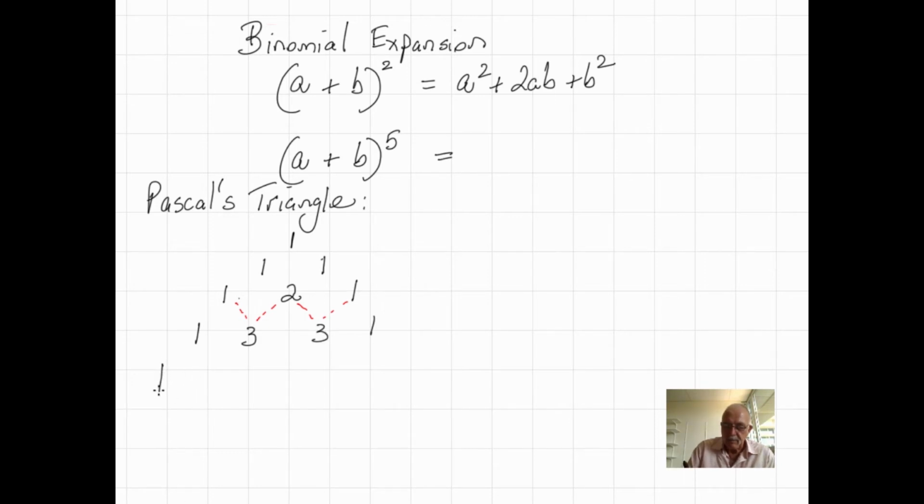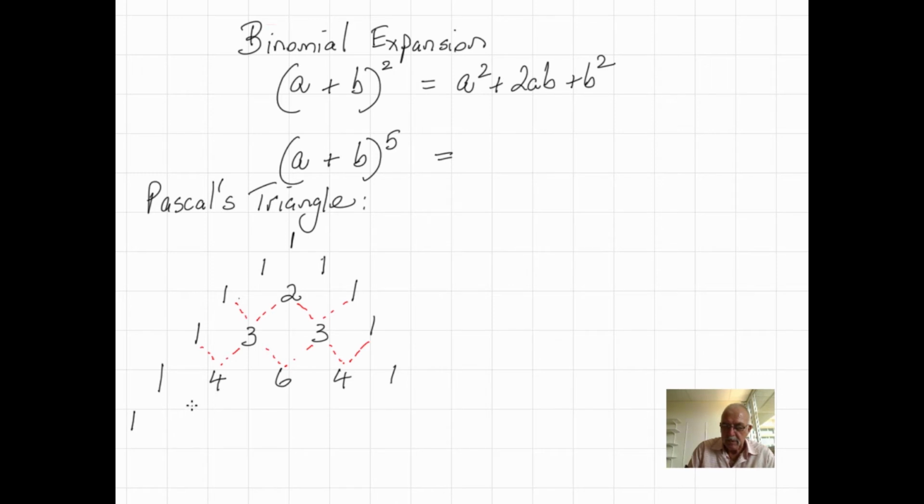And then we'll do the next line, and we're going to add those two together, those two together, and those two together. So when we add 3 and 1, we get 4, 3 and 3, we get 6, 3 and 1, 4, 1.